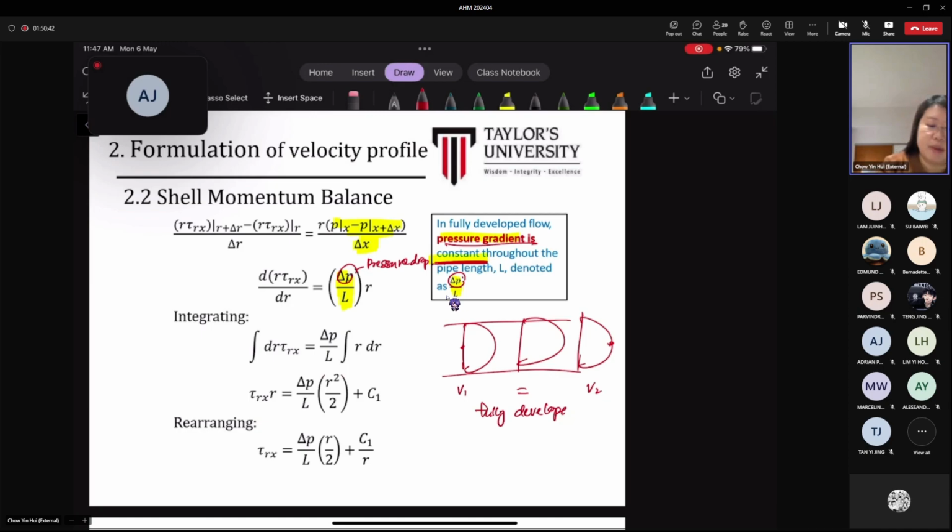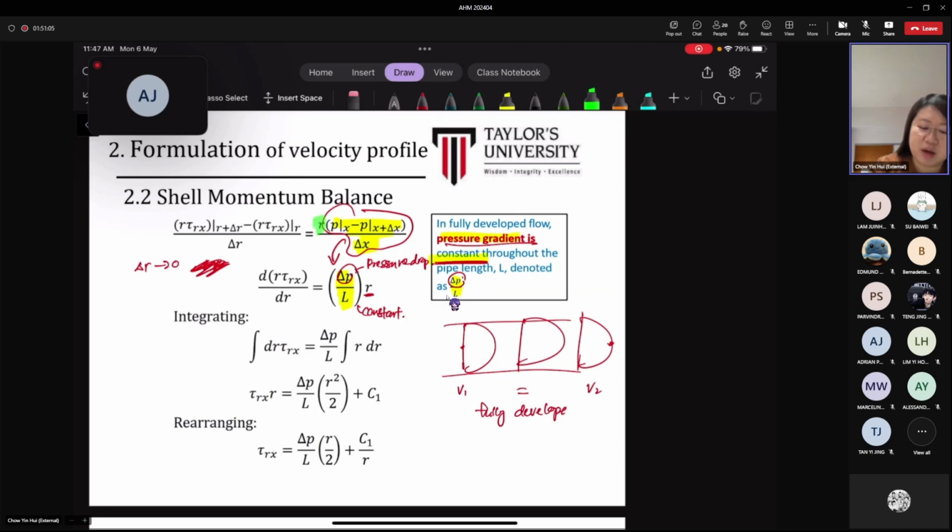And then by taking delta R to approach 0, delta X here we are not going to treat, because this section of the equation is being re-expressed as the pressure gradient. It's a constant value. So take note that this is a constant, right? While this R here, be very careful.